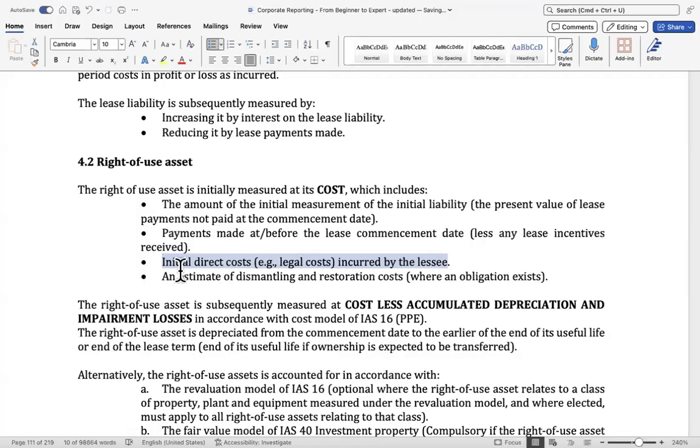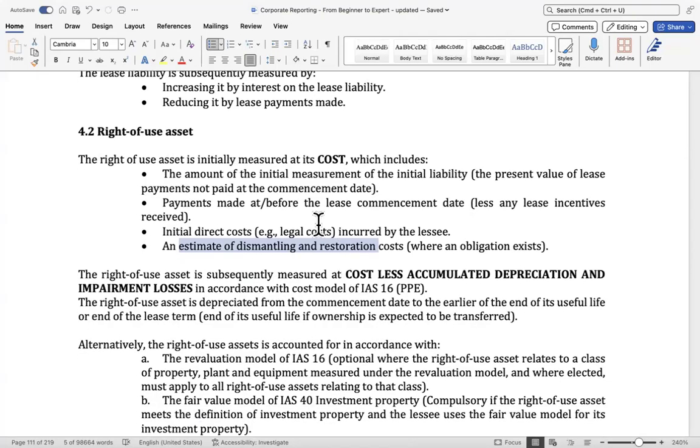And if at the end of the lease term we would have to restore the site, remove the assets, dismantle the assets, that also has to be capitalized. And I hope you remember that it will be capitalized at the present value of that future amount, because dismantling and restoration cost is a cost that will be incurred in the future. So we would estimate a present value for that. That's in line with IAS 16.